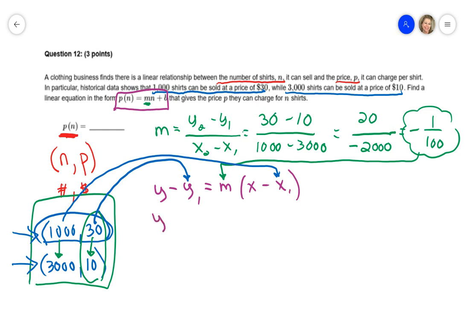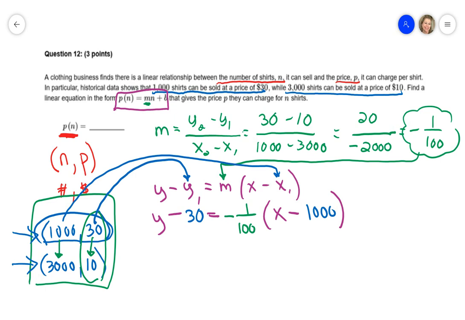So what I'm going to have is y minus 30 equals, slope was negative 1 over 100, times x minus 1,000.